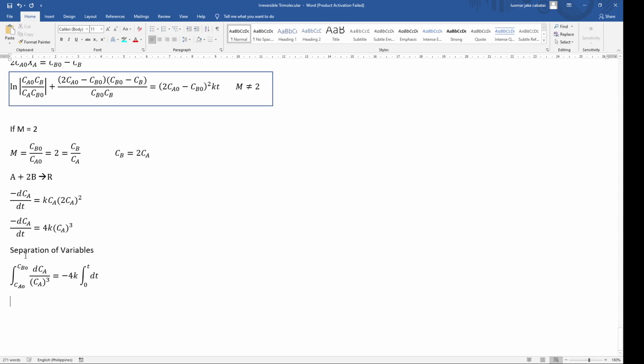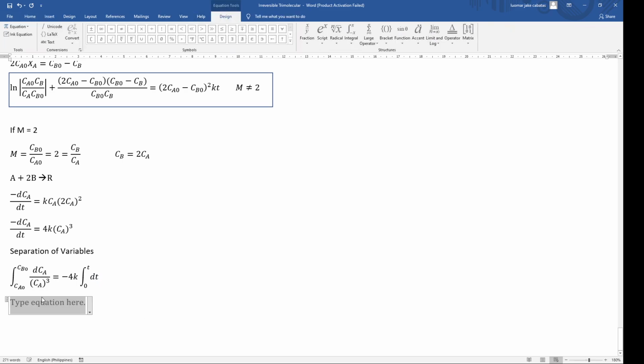So the integral is just the power formula. Using the power formula we will be getting 1 over negative 2 CA squared with limits CAO to CBO.